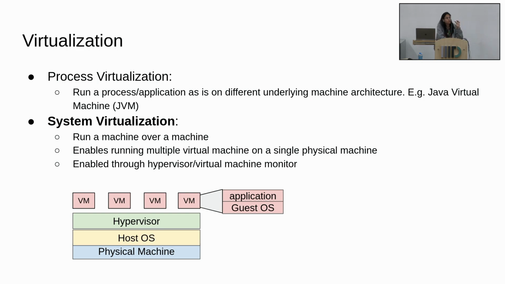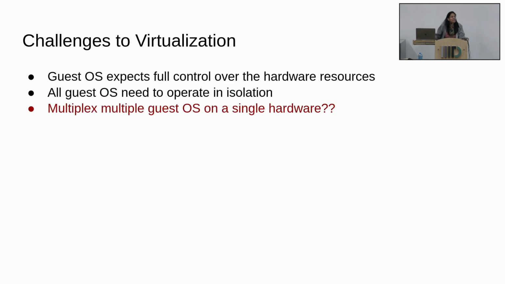Which enables running virtual machines over the host operating system. The machine over the machine is called a virtual machine, and that virtual machine itself will have an operating system and also the application that you want to run. The operating systems that run on these virtual machines are called guest operating systems, right? So what are the challenges to virtualization?